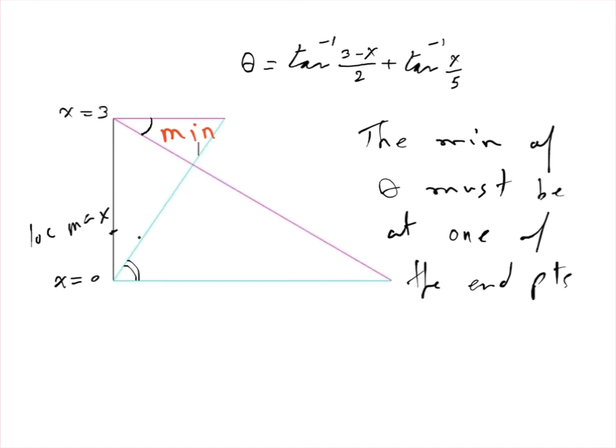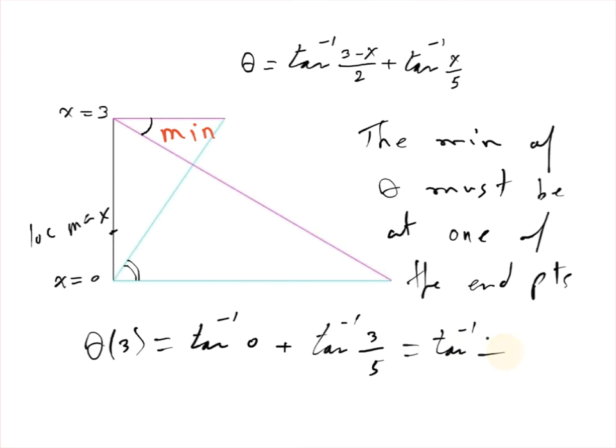If I evaluate it at 3, put in 3 for x, then I get tangent inverse of 0 plus tangent inverse of 3/5, which is just tangent inverse of 3/5. The reason tangent inverse of 0 is 0 is because tangent of 0 is 0.